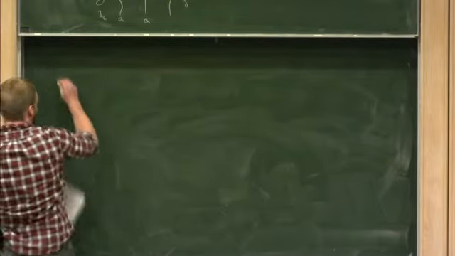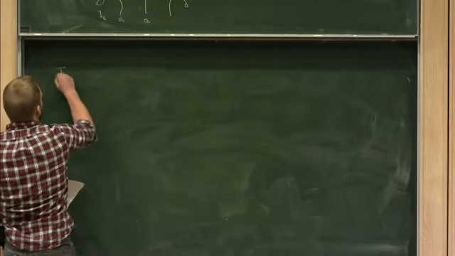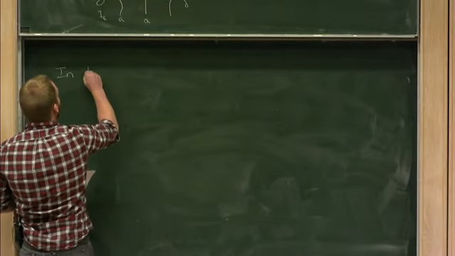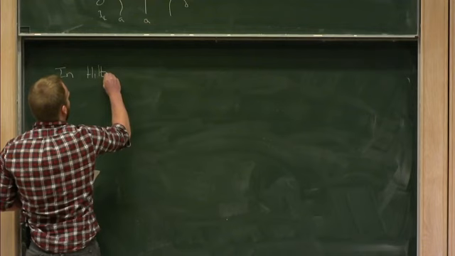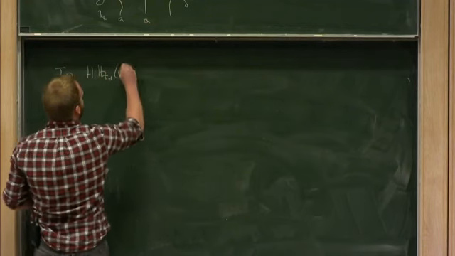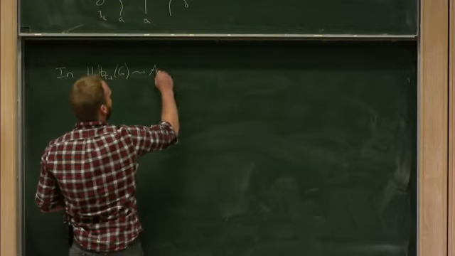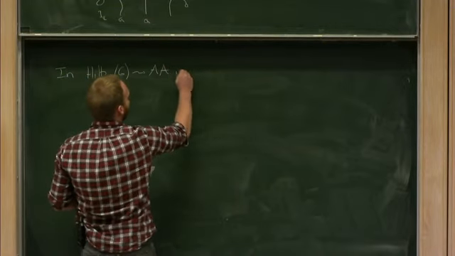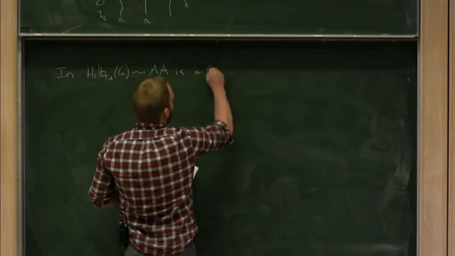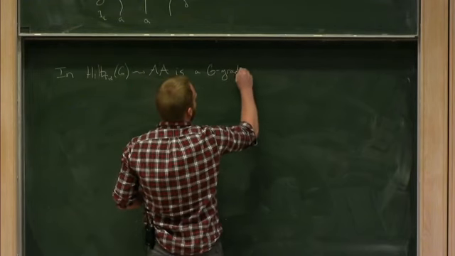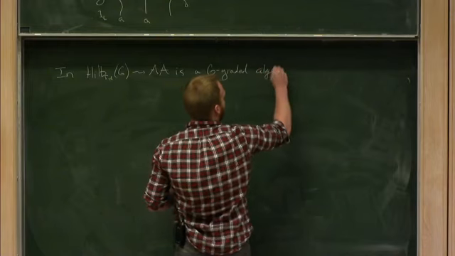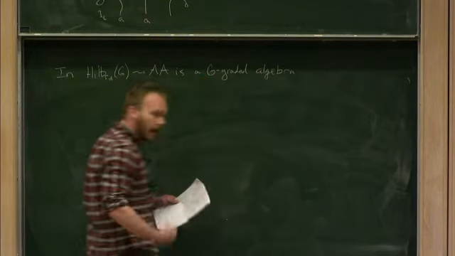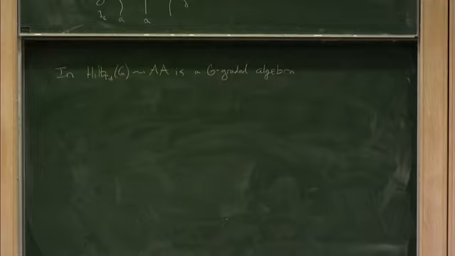But so in Hilb FD G, an associative algebra with a unit is just a G-graded algebra. Just an ordinary associative algebra that happens to have a G grading. Okay?